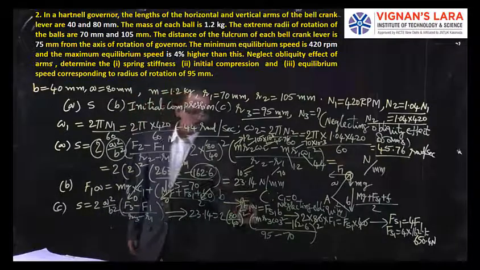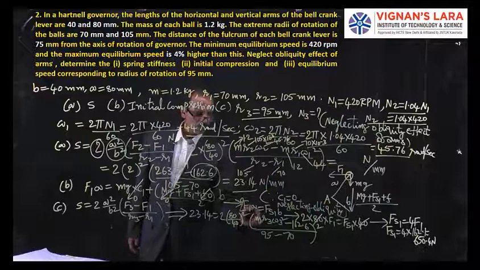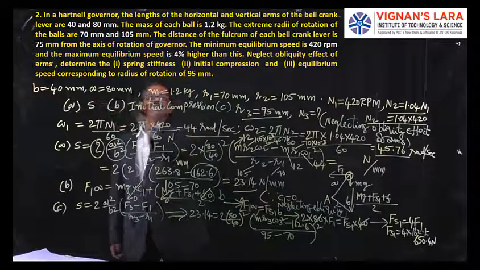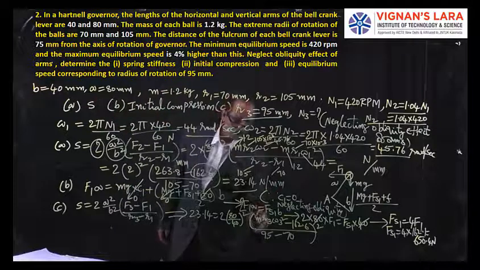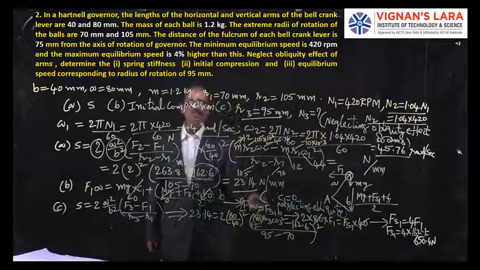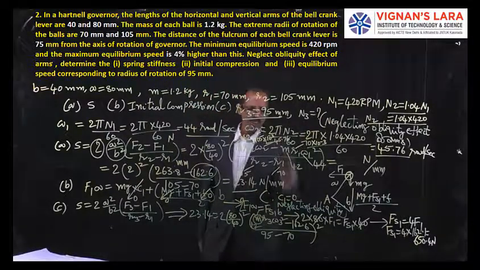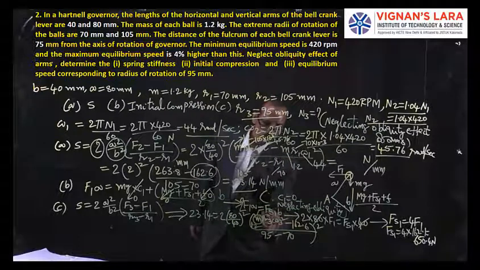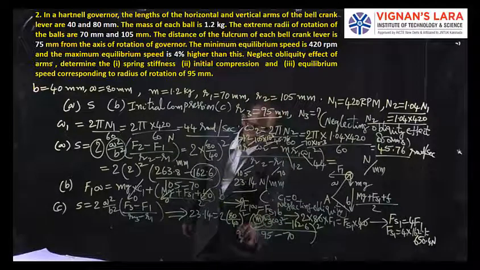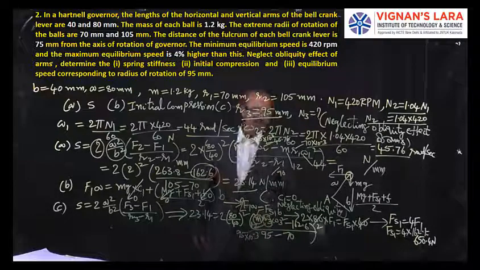Here, what data do I know? I know m. What is m? 1.2. I substitute m as 1.2, and I substitute R3 in meters. How much is it? 95 into 10 power minus 3.